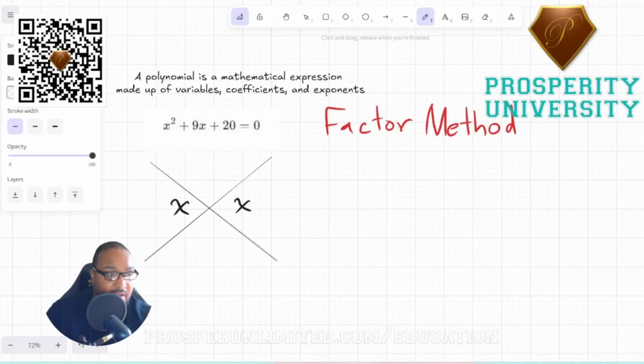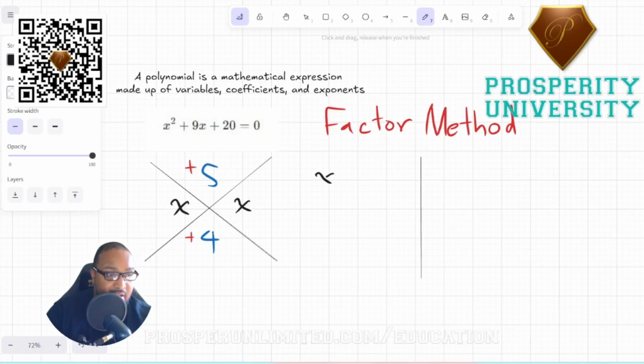This is a much more simplified scenario. Here, instead of -9x, you have a +9x. And you would apply the same concept, right? So we know that 5 times 4 makes 20, right? +5 and +4. And 5 plus 4 also make 9. So both of these would be positive. And so in solving it, you would factor the x's.